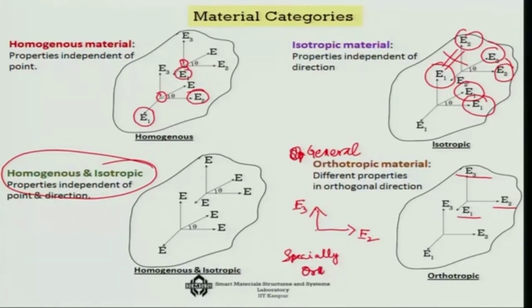This is typically the case if you consider a laminated composite, then each lamina, which is very thin in one direction, is considered to be a specially orthotropic material. So, that is a very special case of a general orthotropic material.